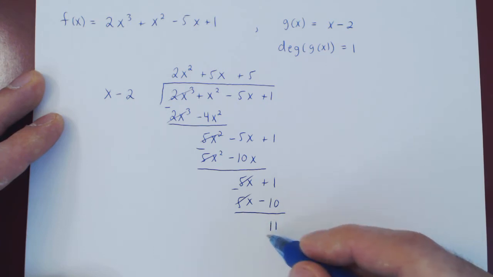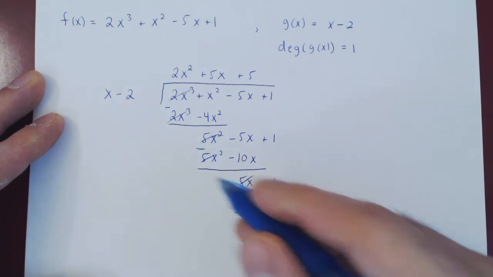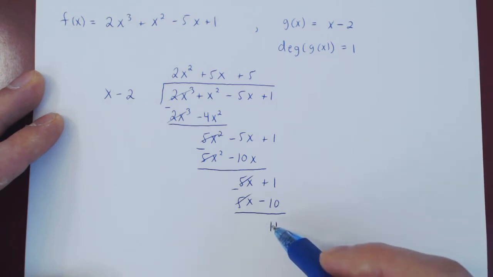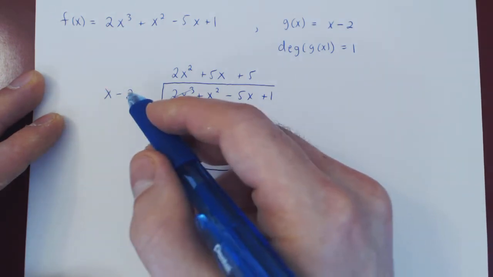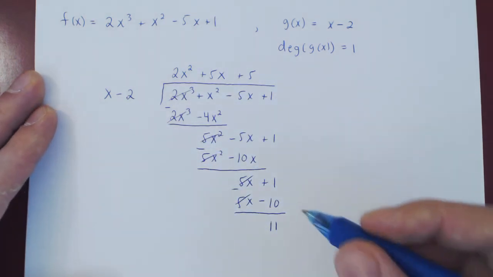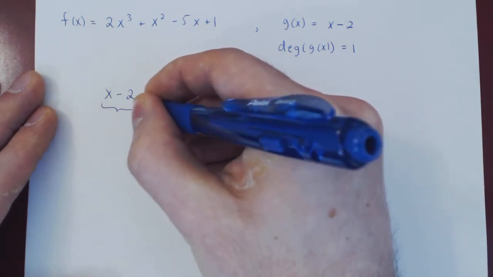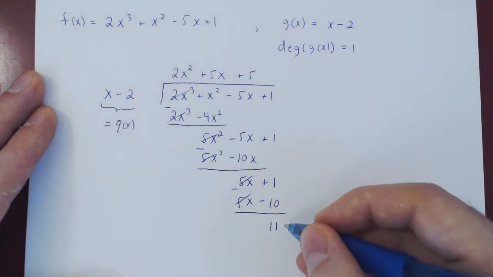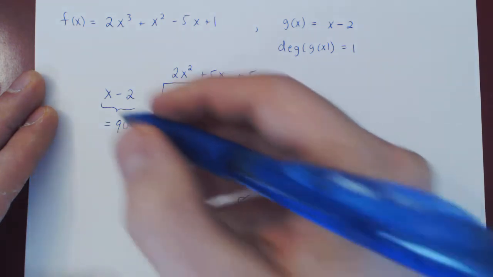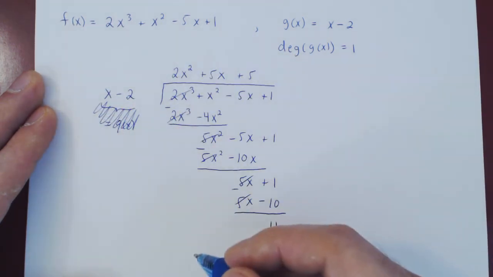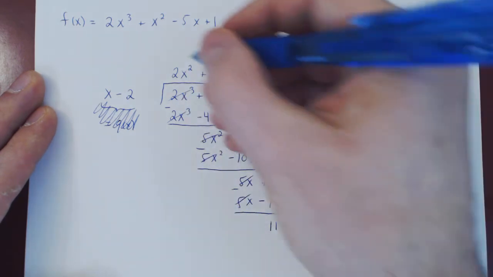So the degree of this polynomial is 0, and 0 is less than 1, and so the degree of our remainder is strictly smaller than the degree of our divisor, which indicates that our long division is over. Oh, sorry. This was our divisor, this is our g of x. This is our quotient.